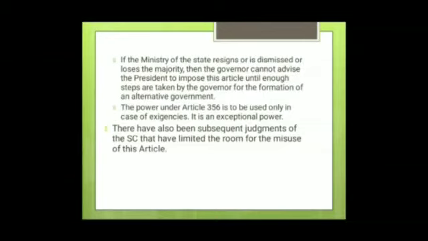If the governor has taken some step for the formation of an alternative government, until then he cannot advise the president. Then the power of 356 is used only in cases of exigencies. It is an exceptional power.